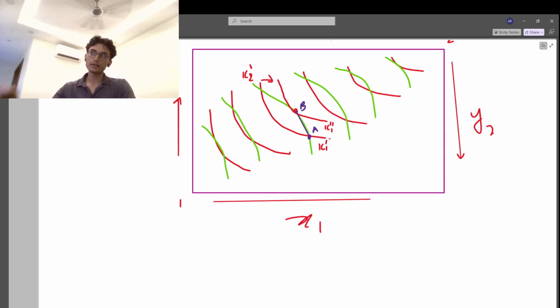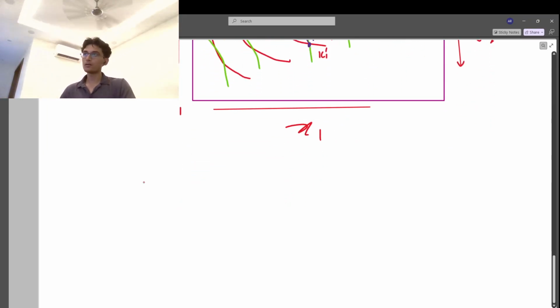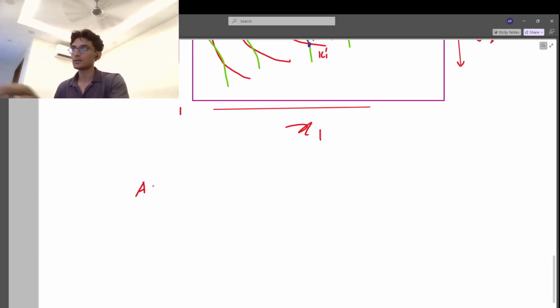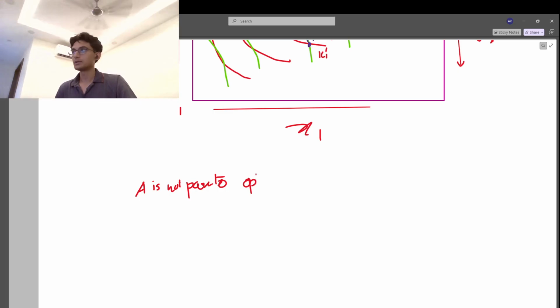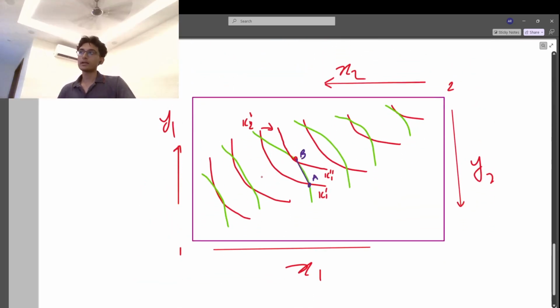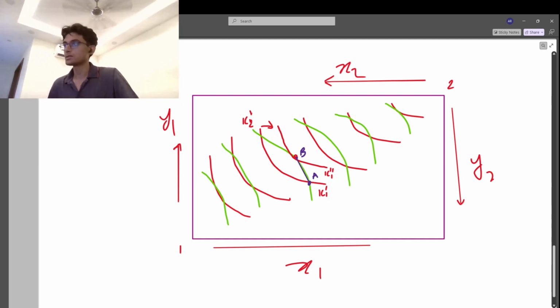So individual one's utility obviously increased and individual two's utility remained the same. So A is not Pareto optimal. You understand why, right?